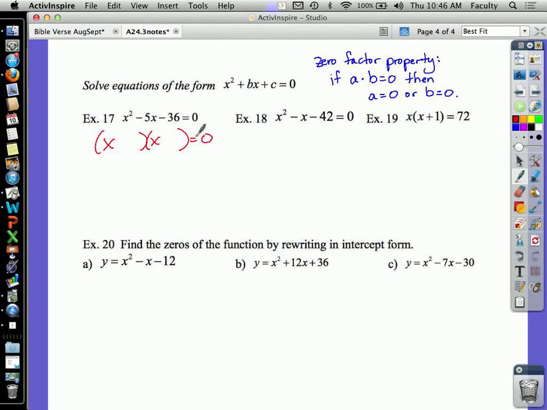So what two numbers multiply to negative 36, but when you add them, you get a negative 5? Noah? Negative 9 and positive 4. All right, check your work when you factor. And then what you're going to want to do is set each factor equal to 0. This is what the zero factor property says. So x minus 9 equals 0 or x plus 4 equals 0. And then I know how to solve those.